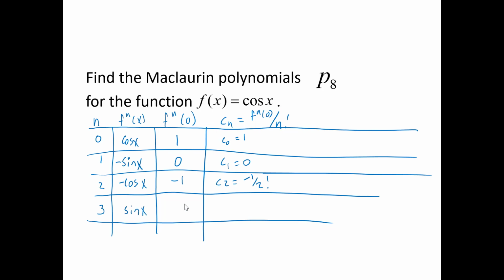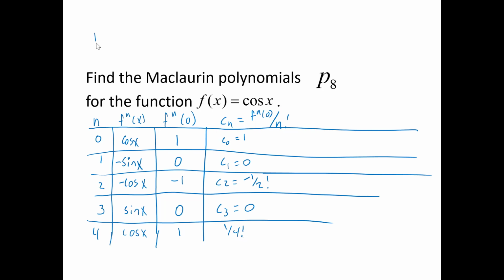And then you're going to get 0 here. When you evaluate the sine of x at 0, you get 0. And then C3 is 0. For 4, the derivative of the sine is the cosine. You get back to where you started. You get 1 over 4 factorial.